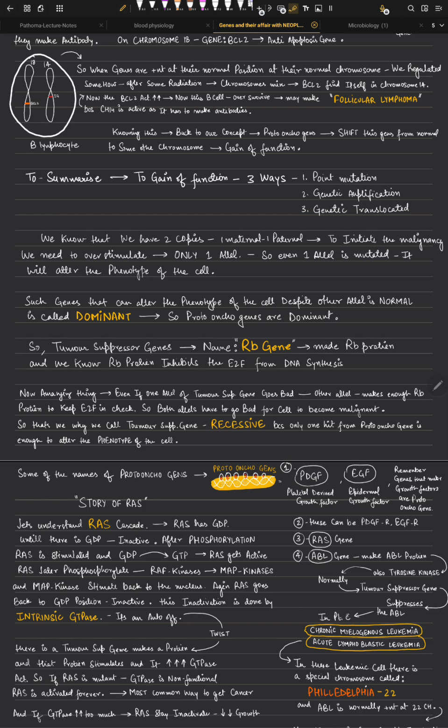So even if one allele got hit, one allele got messed up, the other one will compensate by overproduction, so that you have enough RB protein to keep E2F function in check. So both alleles have to go bad for you to become malignant.